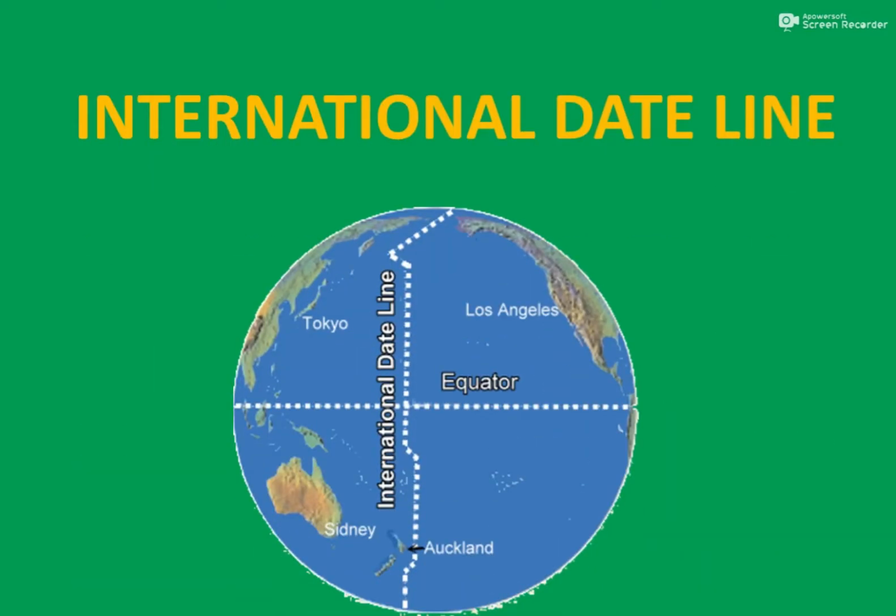Now children, we will understand in brief the international date line, that is another important imaginary meridian. Children, why did I say brief? Because you shall learn about it later in detail in future classes.